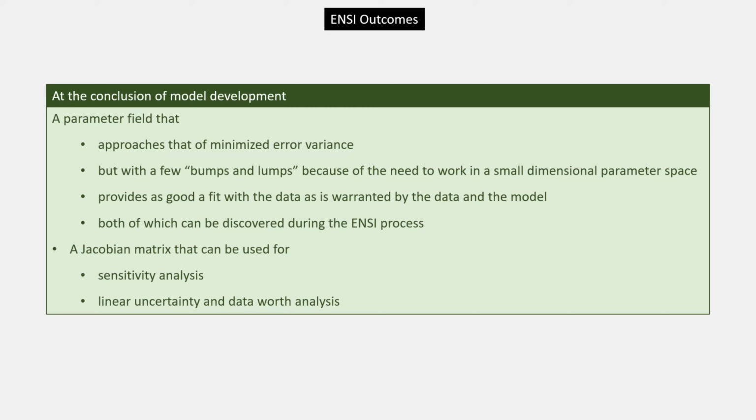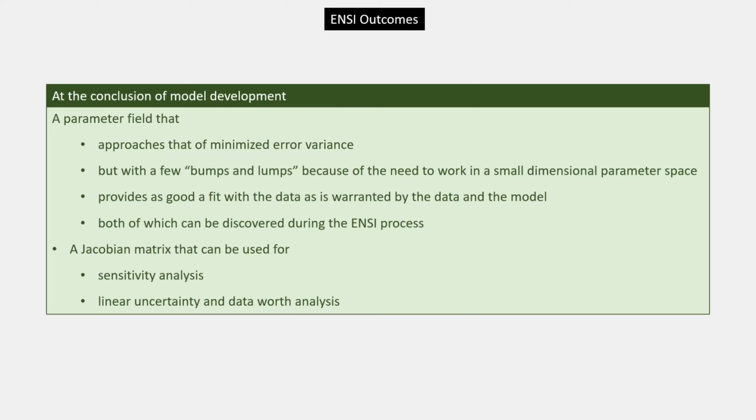At the conclusion of the decision support modelling process, we have a parameter field of minimum error variance that hopefully allows us to make predictions of minimum error variance. Yes, that parameter field will have a few bumps and lumps because after all we are working in a limited dimensional parameter subspace.